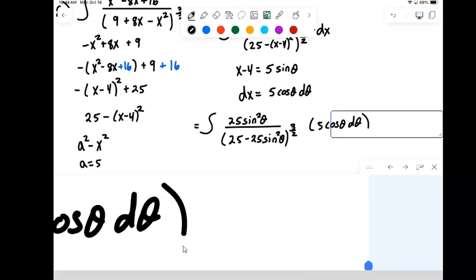Okay, and then we start and try to work this out.